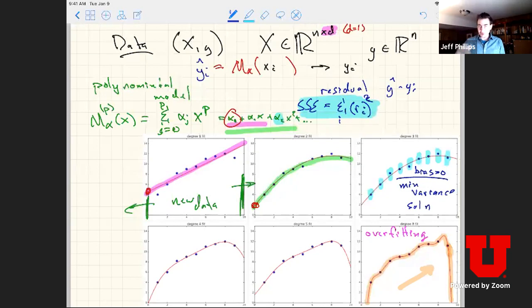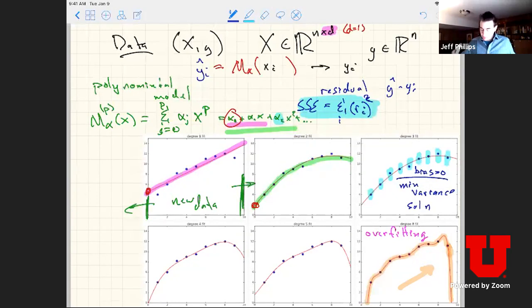We have error on both sides because residuals could be positive or negative, so the best solution will be something like an average, and that will have error on both sides. The squared residuals are basically the squared error from the expected value, and that's going to be like a variance. So we're finding the minimum variance solution.